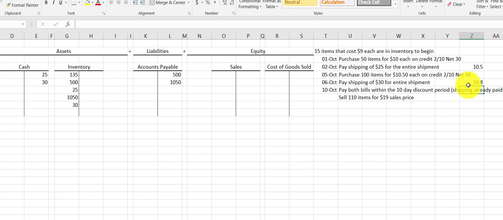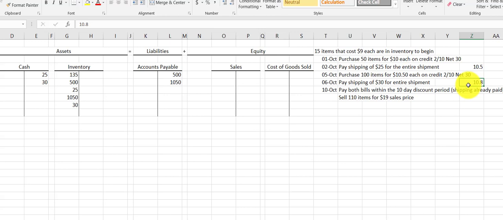As you think about $30 for shipping all 100, that's 30 cents an item. So we have three different inventory costs. Remember, we're going to make an assumption when we sell as to which ones we're actually selling.